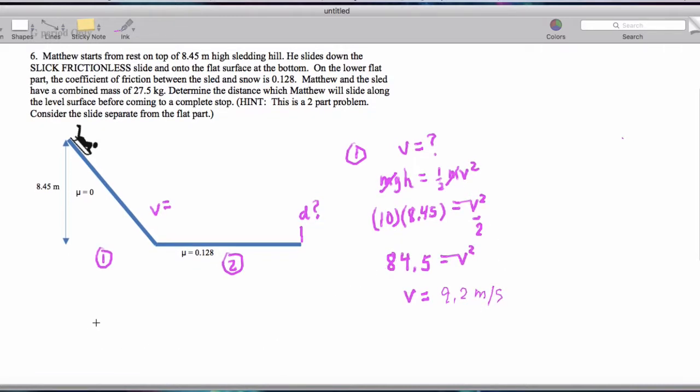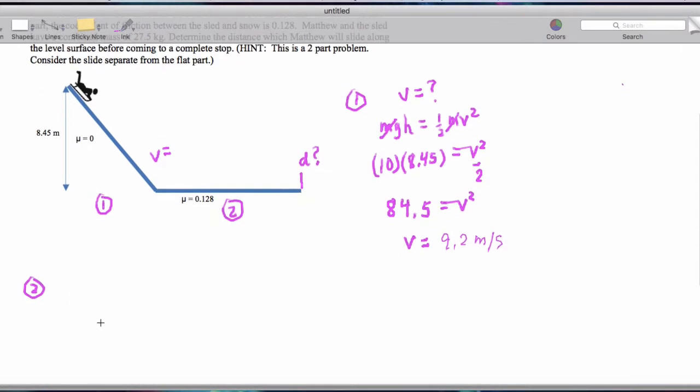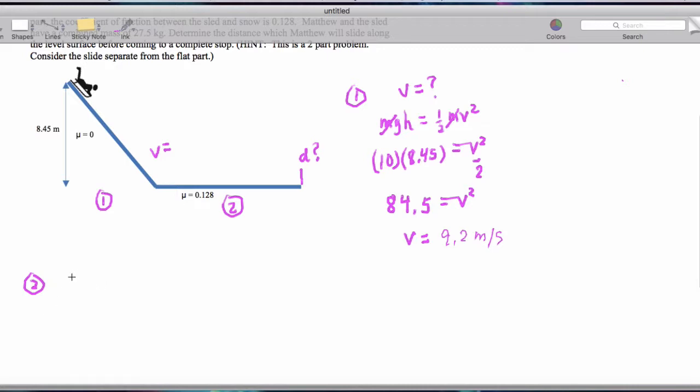Now, here's the deal. For part 2, to get the distance, we're going to basically use the work done here. So what we're going to say is that all of this kinetic energy is going to become E dissipated.